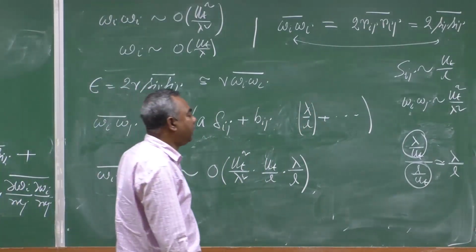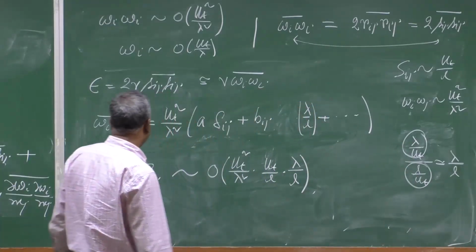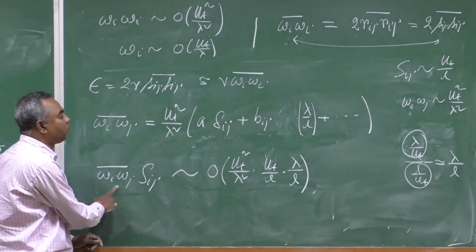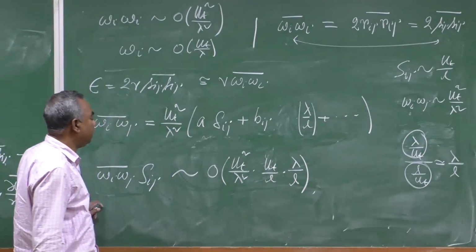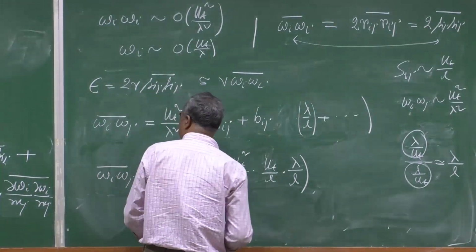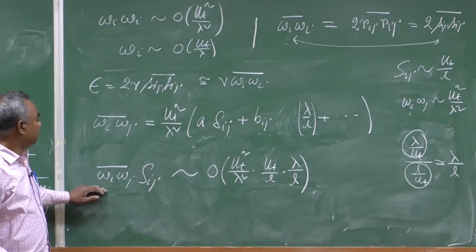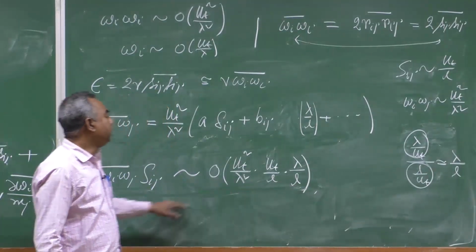So, for very large Reynolds number their correlation is very small. That means the order of this particular quantity needs to be prorated by the ratio of their time scales, if their time scales are way apart. That is what has been done here. So, the order of magnitude of this particular term then is going to be this.